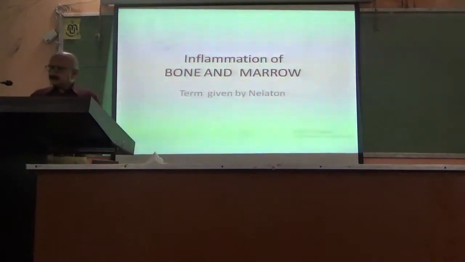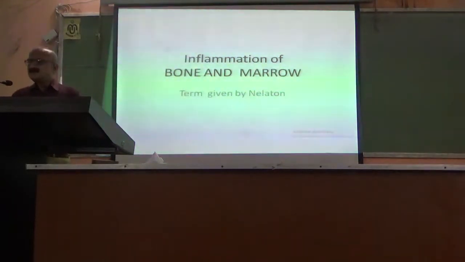The term osteomyelitis was first given by Nélaton, and he said that it is in fact inflammation of bone and marrow, because these are the two constituents of a bone. And we also should not forget about periosteum, which is the outer soft tissue covering of the bone.